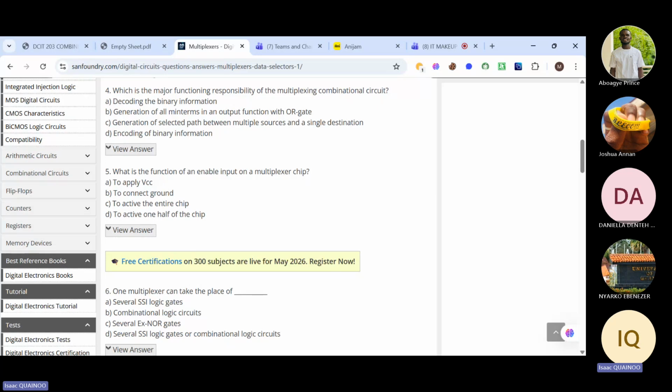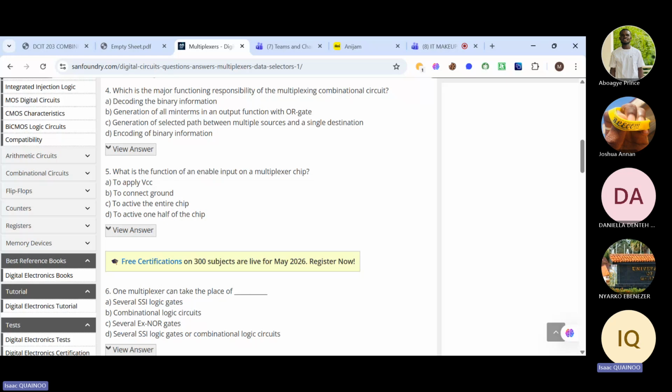Okay, so we said that the finality of the operation of the expression of a multiplexer is the combination using an OR gate. I think that is true, but the question is asking for the major function, meaning the most important functionality of a multiplexer.